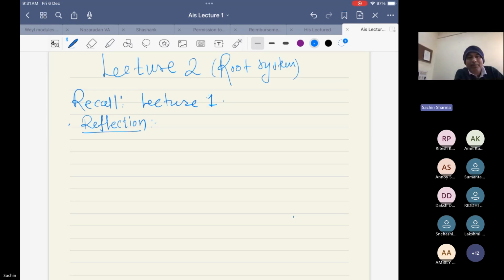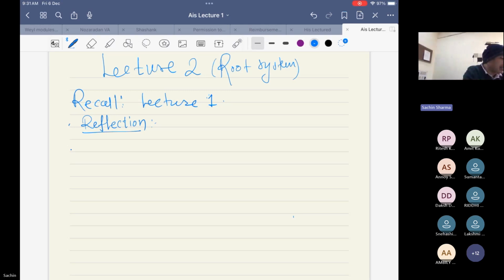Reflection fixes a hyperplane and maps every vector orthogonal to the hyperplane to its negative. And then we proved that if you have a hyperplane and some conditions are given with respect to some set which spans this, this is nothing but the unique reflection.